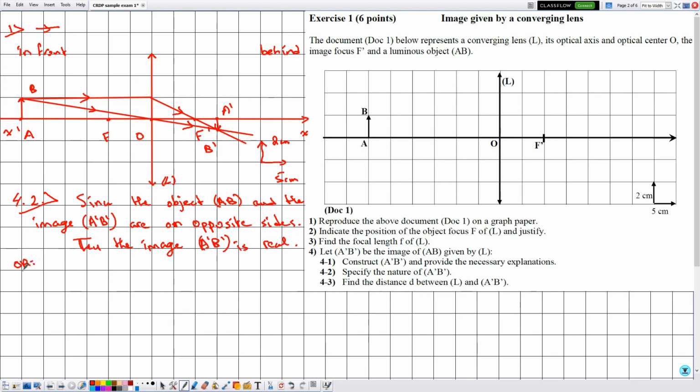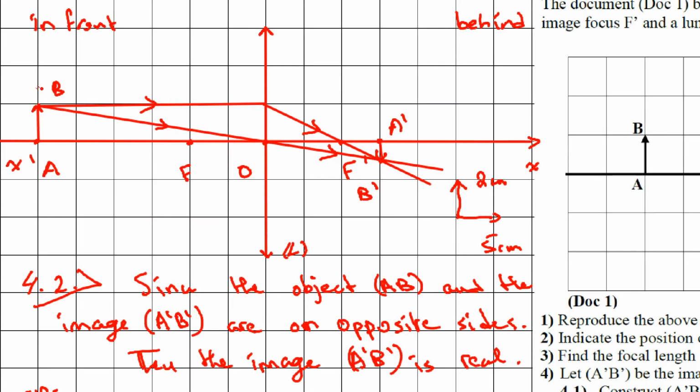Or one could give another justification why the image A prime B prime is real. So notice that the object AB is pointing upward and the image A prime B prime is pointing downward, which means that the image and the object are in opposite directions. Whenever the object and the image are in opposite direction, this means that the image is real.